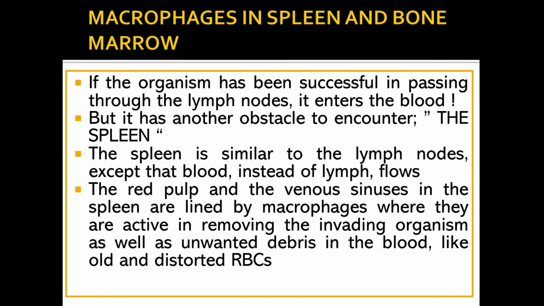And then we have macrophages in the spleen and bone marrow. If the organism has successfully passed the lymph nodes, meaning the lymph node was unable to stop the foreign particles, then it will enter the blood.